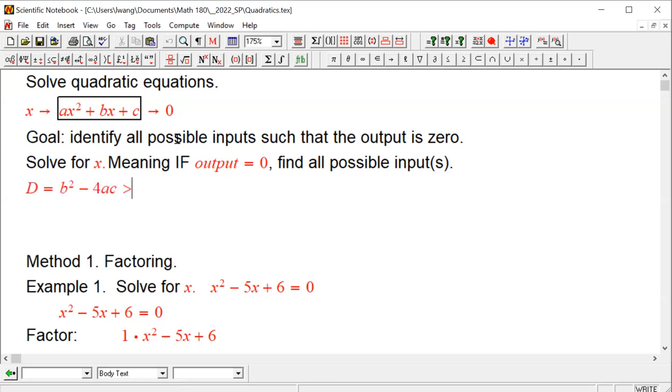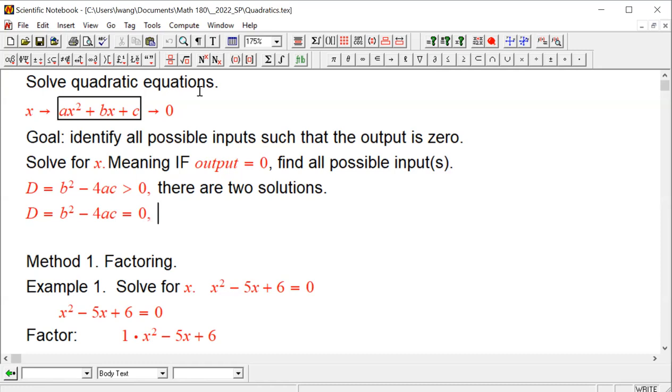When the discriminant is positive, there are 2 solutions. If the discriminant is positive, the quadratic function has 2 x-intercepts, so they're consistent. Then you say, oh, there are 2 other cases. Absolutely. If the discriminant is equal to 0, it touches the x-axis only once.